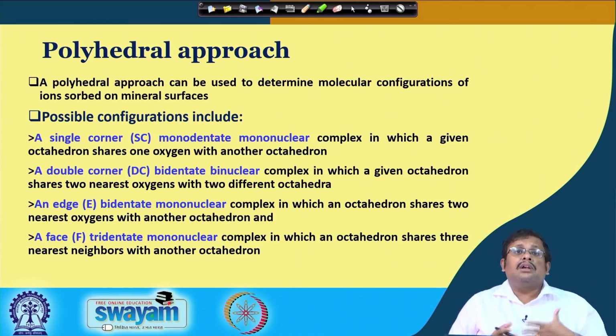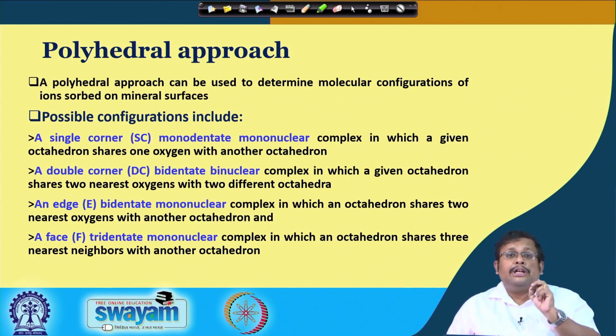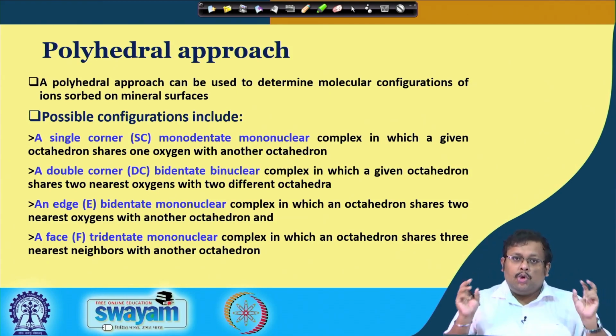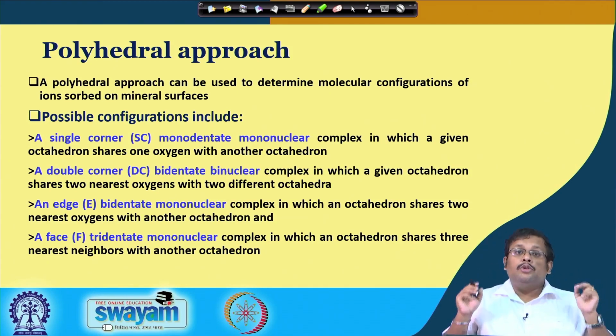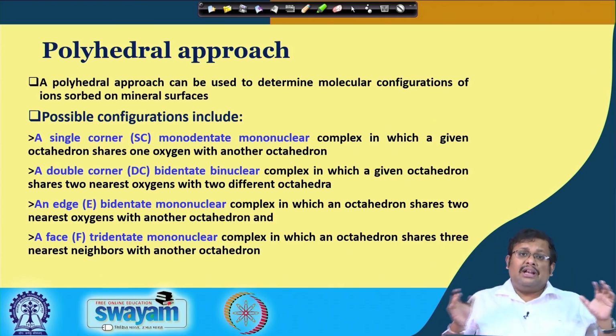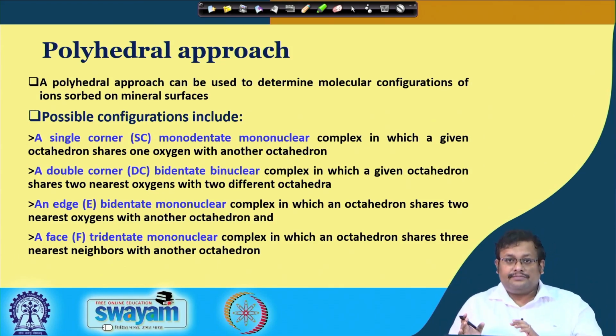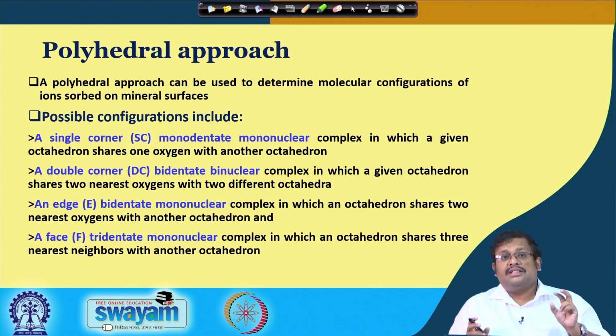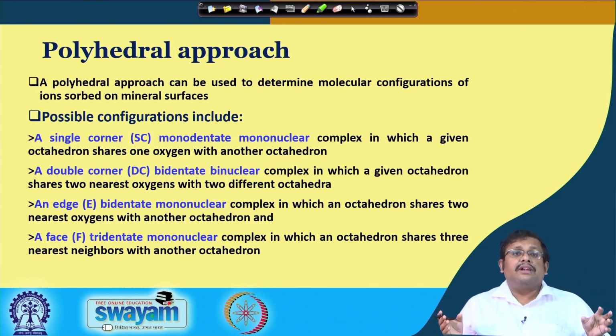Second is a double corner bidentate binuclear complex, in which a given octahedron shares 2 nearest oxygen with 2 different octahedra. So, you can see one octahedron sharing 2 nearest oxygen with 2 different octahedra. So, we call it double corner bidentate binuclear, because they are attaching with 2 oxygen and with 2 different octahedra.